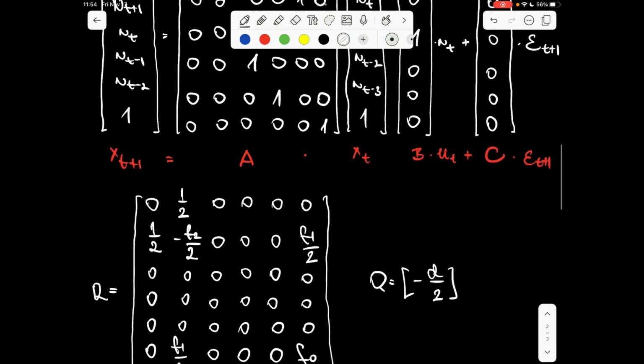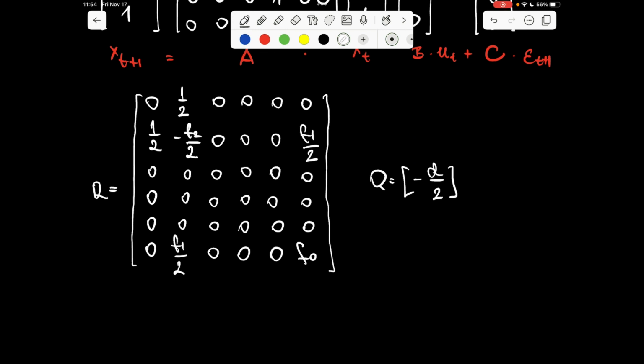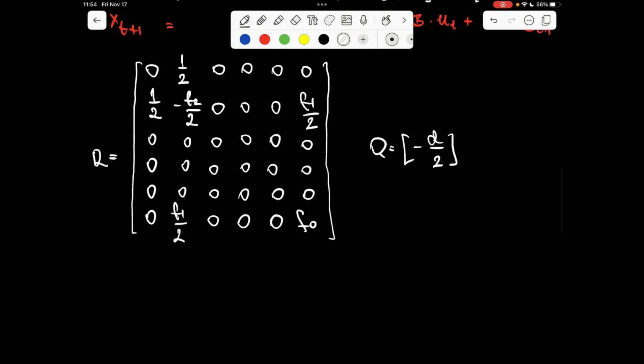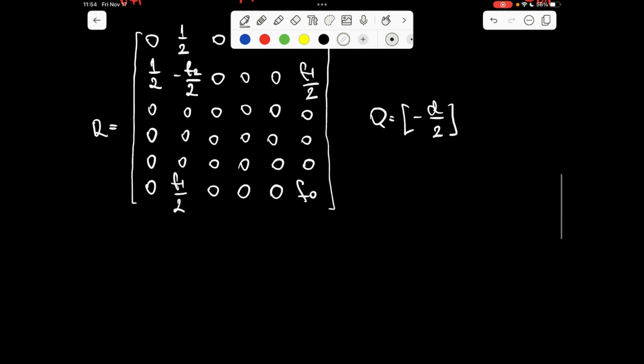So we have all the 4 matrices to put into the optimal linear regulator.